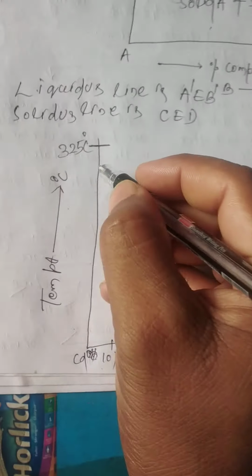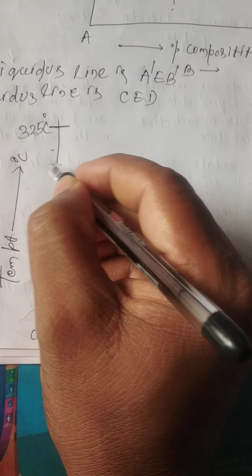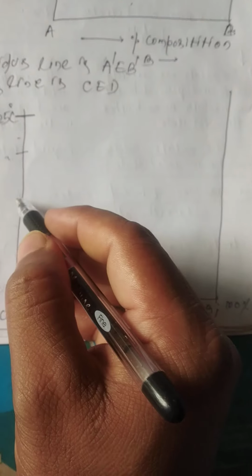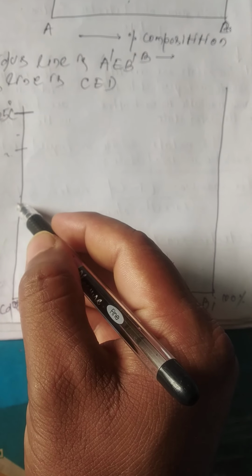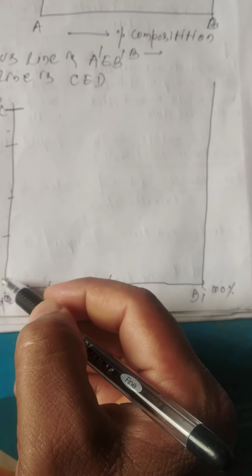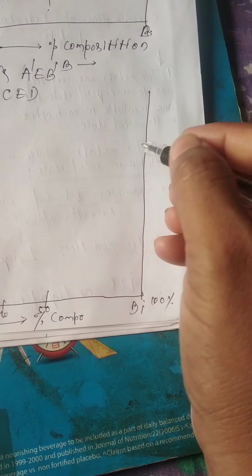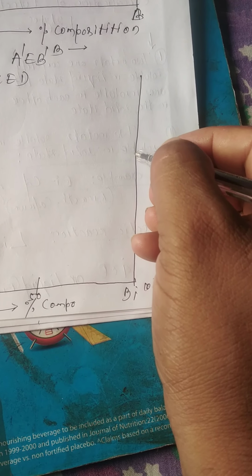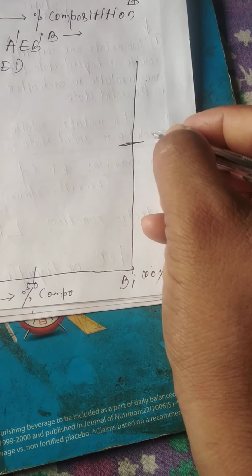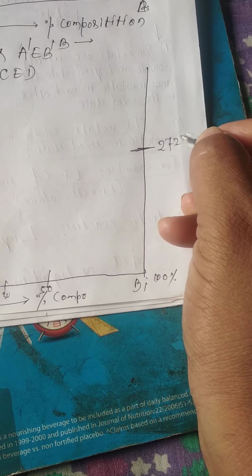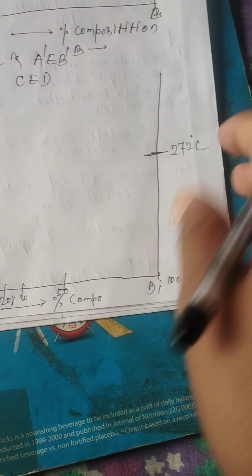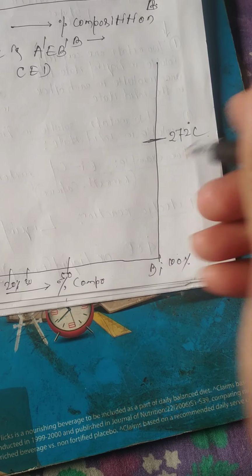Suppose this is 325, this will be 300, then 200, 100, and this is 25 degrees Celsius. You come here, suppose this is 272 degrees Celsius. This is point A and this is point B.